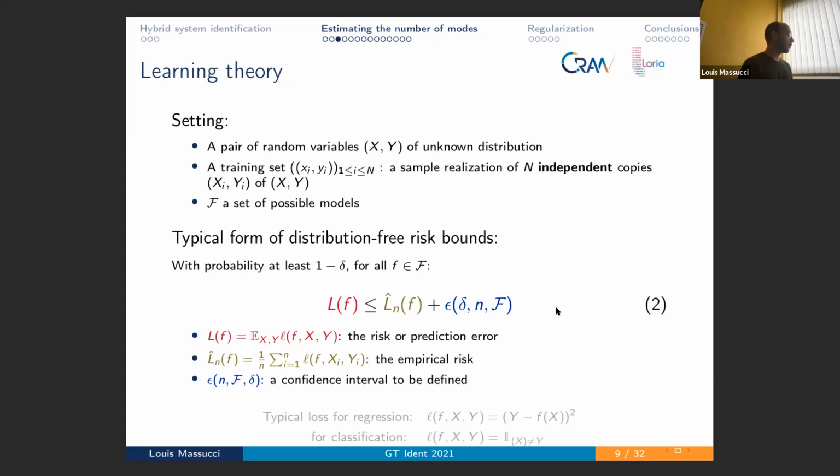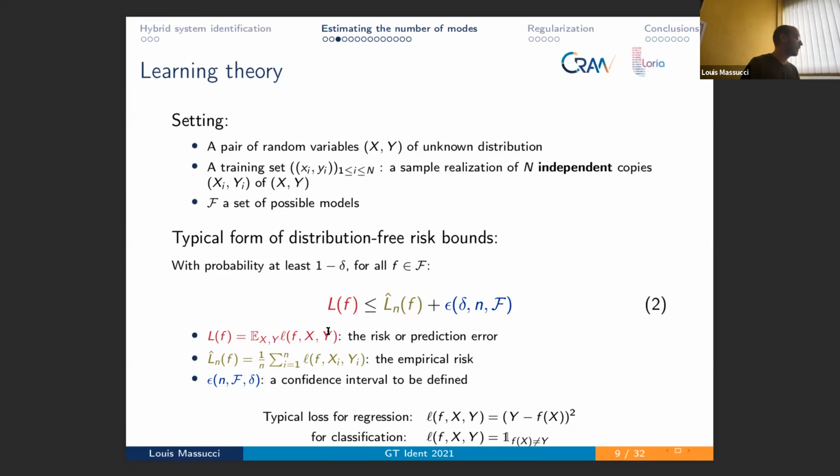We say that with probability at least 1 minus delta, and for all the possible submodels, we will upper bound the risk in red here by the sum of the empirical form of the risk plus a confidence interval.